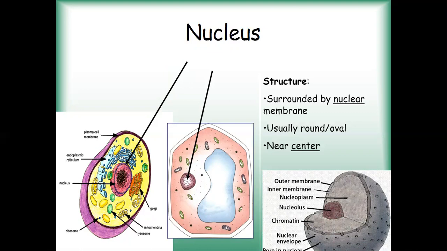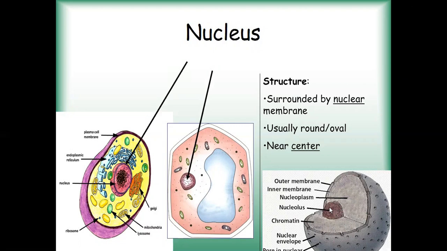Each nucleus will have at least one nucleolus, but in some cases there can be more than one nucleolus. The number of nucleoli is not fixed, and the nucleolus is responsible for protein synthesis.